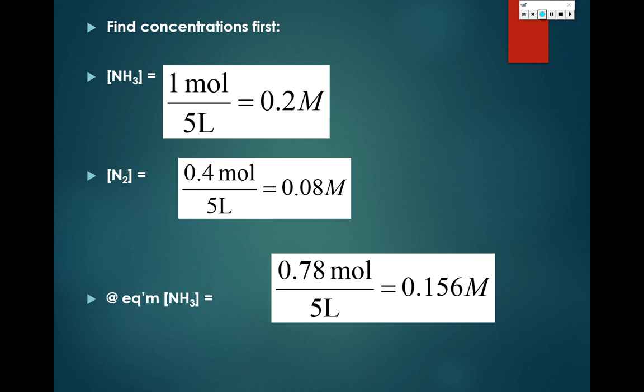So also, if you want to make a note for yourself, that chemists are lazy. Remember, moles per liter can be changed to big M, okay? Instead of having to write moles per liter every time. Also, the big M comes from, we often say, 0.2 molar, or the molarity. If you want to write moles per liter, that's totally fine.